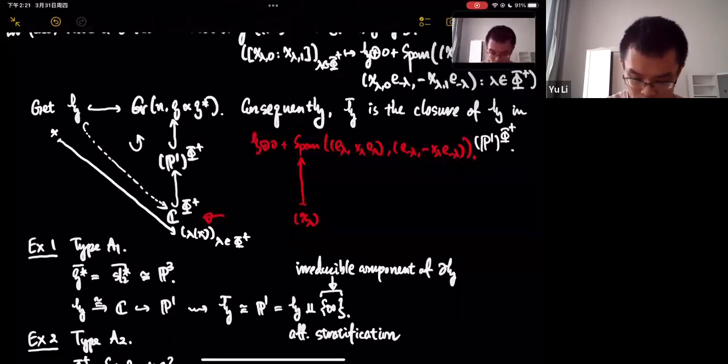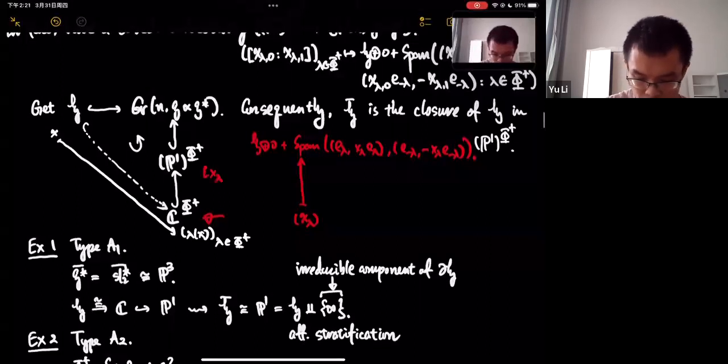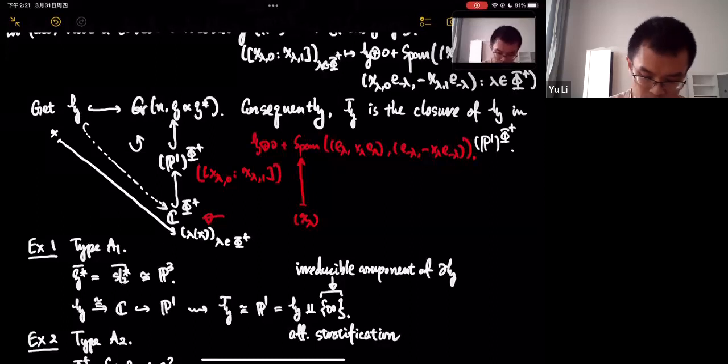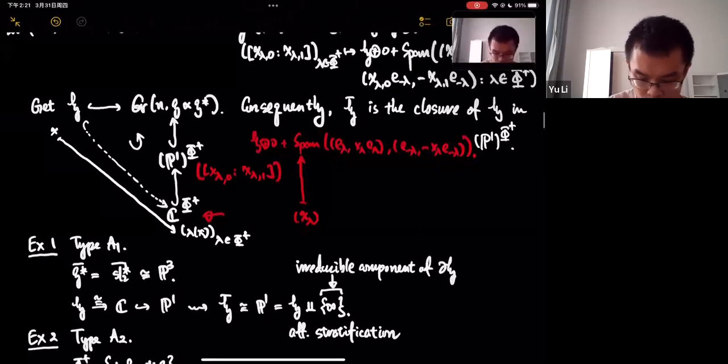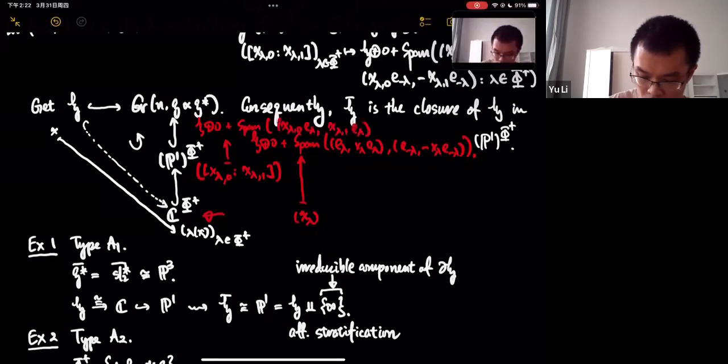So suppose you have x lambda 0, x lambda 1 in homogeneous coordinates. You just send this to h direct sum 0 plus the span of x lambda 0 times e lambda, x lambda 1 times e lambda. And then for the negative, you do the same.